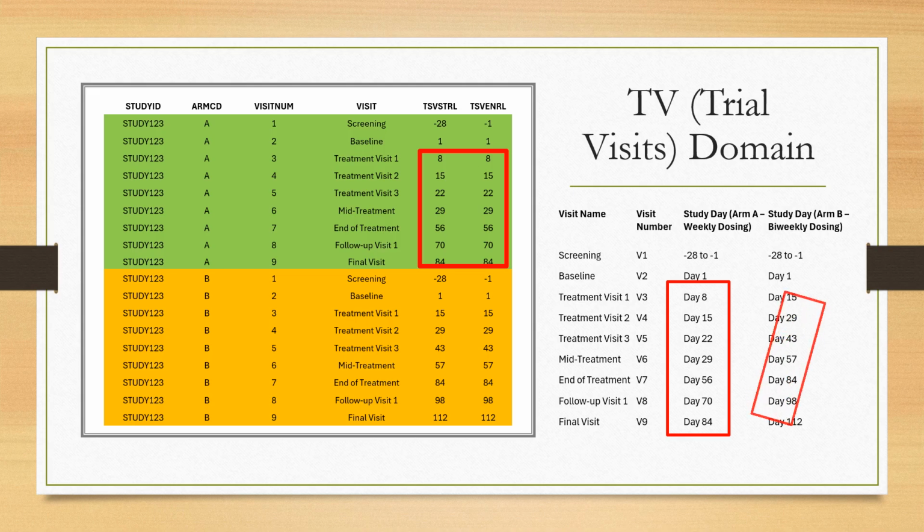Here you can see that there are two sets of VISITNUM defined for each arm.